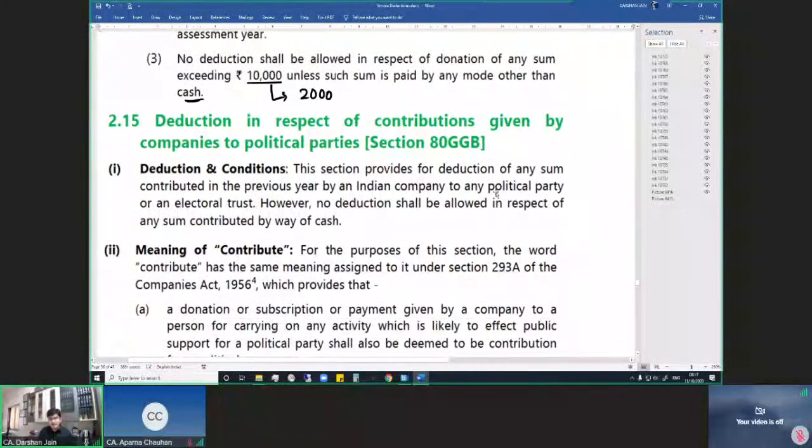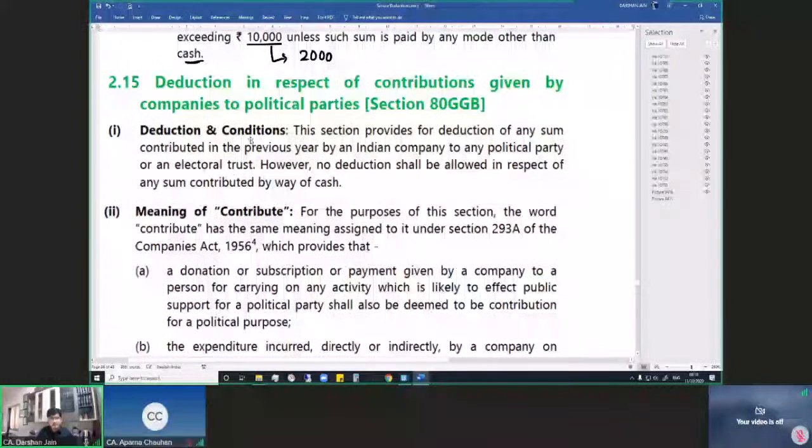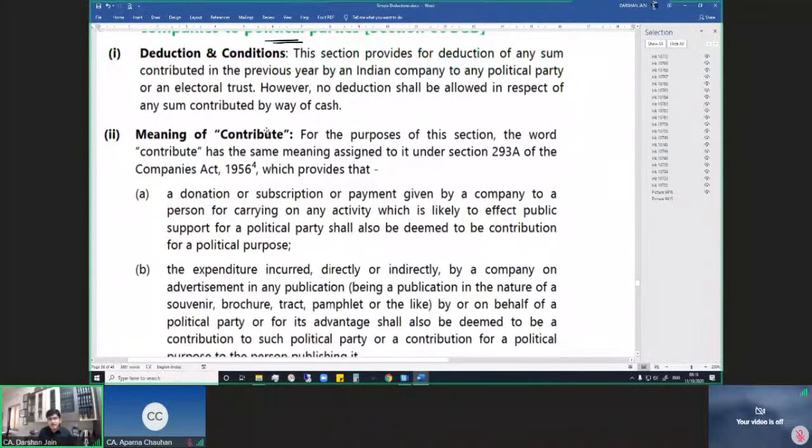So the limit doesn't seem to have been changed for some reason. Probably they forgot. Then, deduction in respect of contribution given by companies to political parties. Now, political parties do need funds, and big corporates, Indian companies, would provide funds to such political parties.